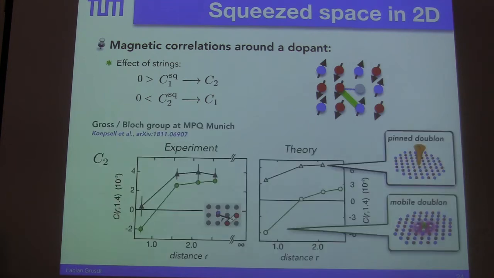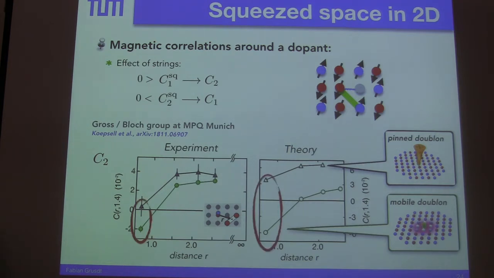And that's exactly of course what they observed in the experiment, right? That these diagonal correlators here around these doublons go negative if these guys are mobile. And you saw these slides before, right? If this doublon is pinned, this doesn't happen. Okay. So those are these guys.